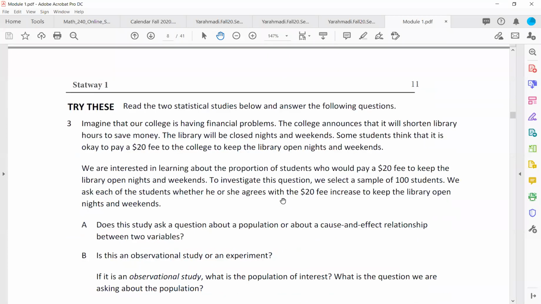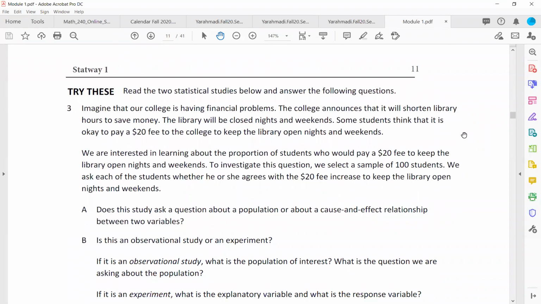So we are on page 11. Try these. Read the two statistical studies below and answer the following questions. 3. Imagine that our college is having financial problems. The college announces that it will shorten library hours to save money. The library will be closed nights and weekends. Some students think that it's okay to pay a $20 fee to the college to keep the library open nights and weekends.